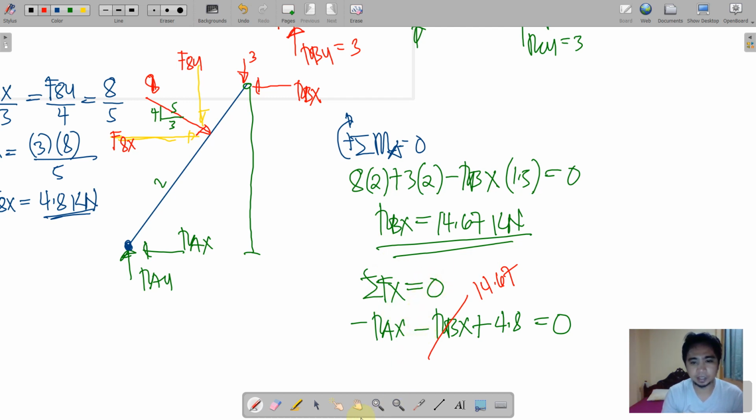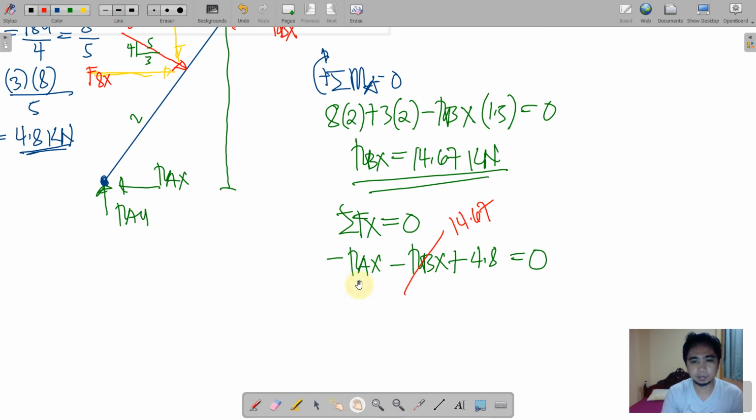Transfer it to the other side, becomes positive. So we will be having a negative value for RAX. So RAX is equal to negative 9.87. Okay?